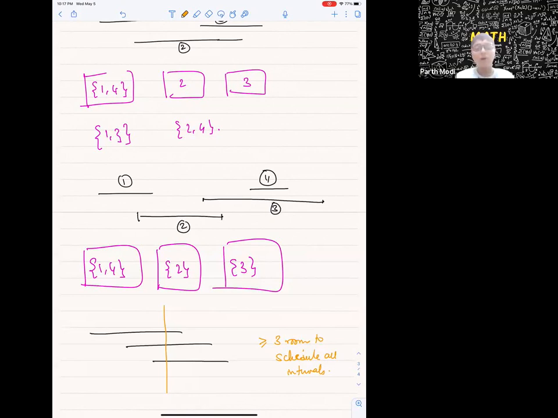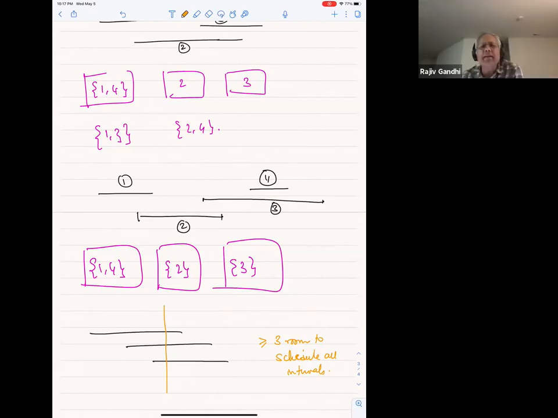So first you'll find the total number of intervals, and then you remove the overlapping intervals. So here we see 2 and 4, and then we add 1. So number of total minus the number of overlapping intervals plus 1.